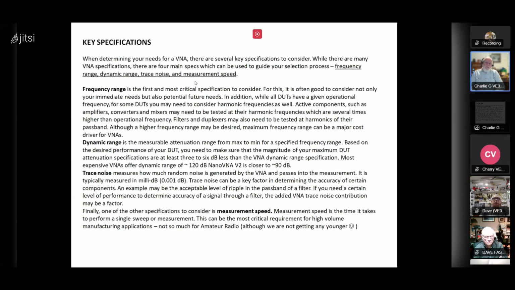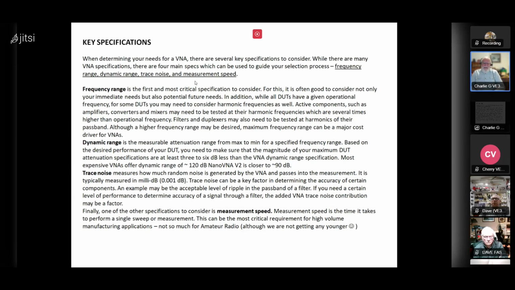The third parameter that you should be worried about is trace noise. When the trace is going across the screen, it will bounce around a little bit depending on noise in the system. And this is one of my pet peeves. Trace noise is typically measured in milli-dB, which is, in my mind, just a completely silly measurement. dB has a very large range to begin with.